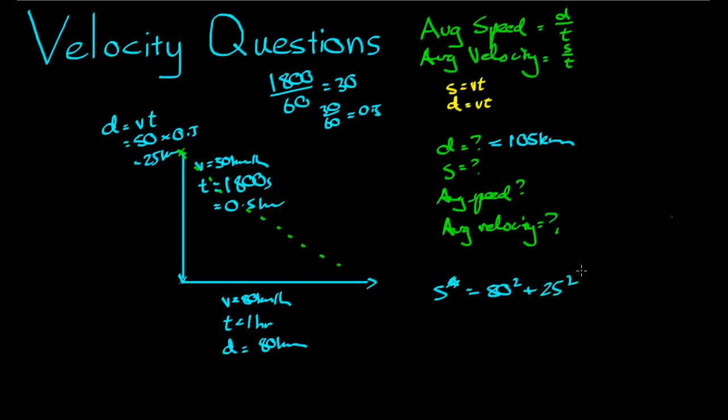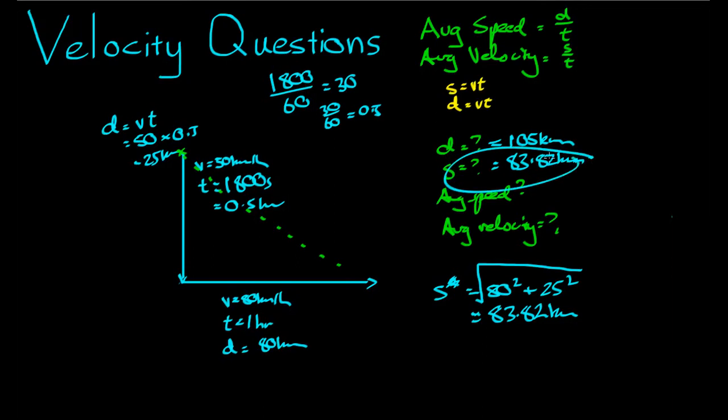So the displacement is equal to the square root of 80 squared plus 25 squared, and that comes to approximately 83.82 kilometers. The displacement is always going to be either equal to or less than the total distance travelled, because the shortest path between 2 points is a straight line.